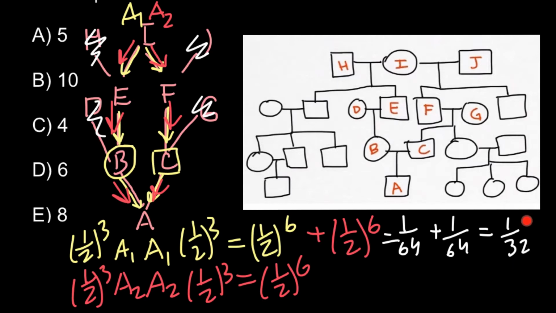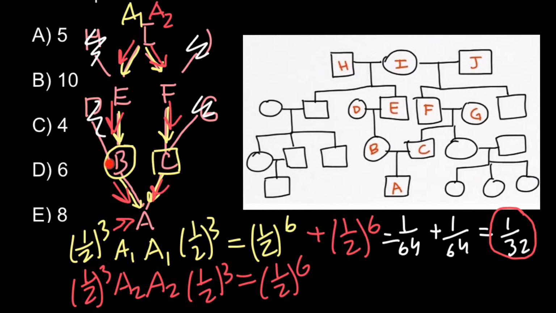So this number is the inbreeding coefficient of the individual A, or the probability for him to be homozygous for either the A1 or A2 allele, homozygous by descent. We just have to calculate the number of nodes excluding individual A, our proband for whom we do our calculations, but including his parents.